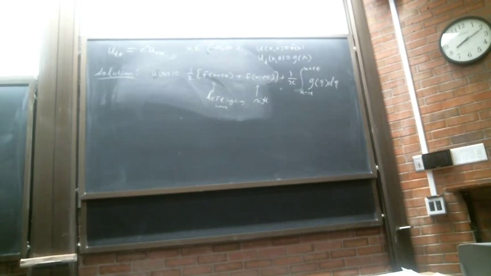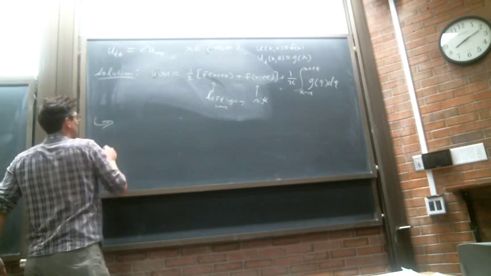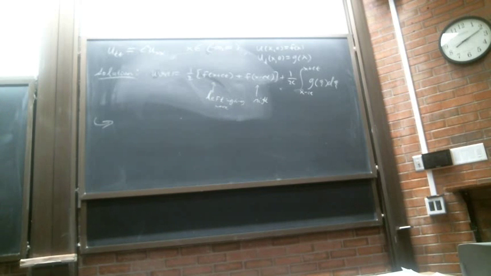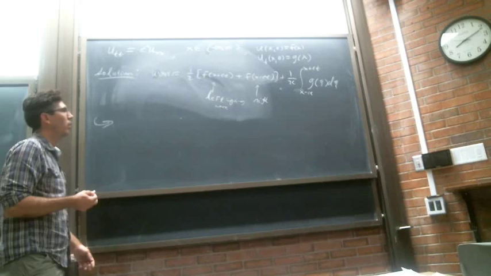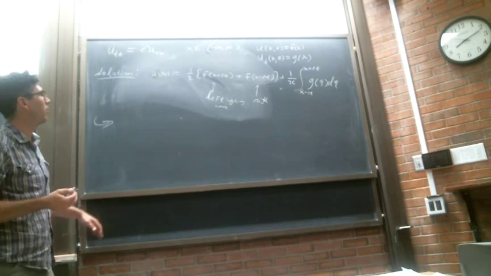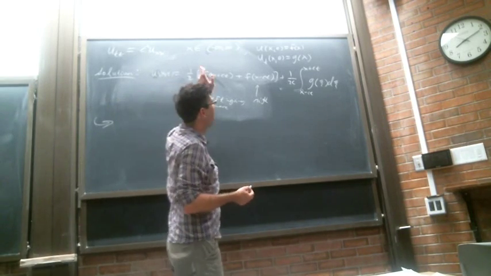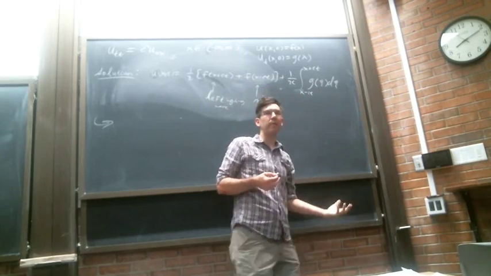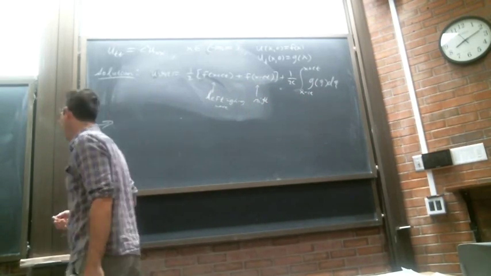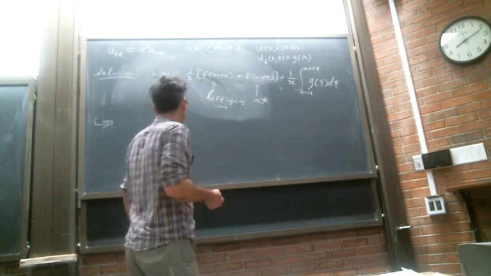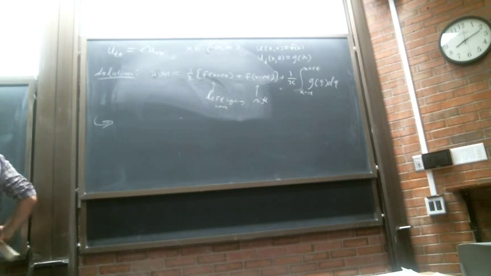And so, I think one of the questions that I talked about before was, how do I get just the left or right going wave solution? So again, this is the displacement. f is the displacement, and g is the initial velocity, right? And the idea here is that let's say if I give you an example.